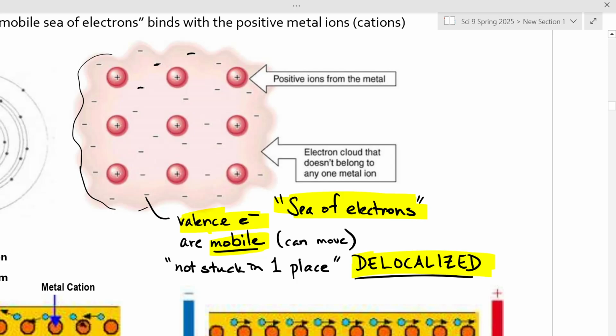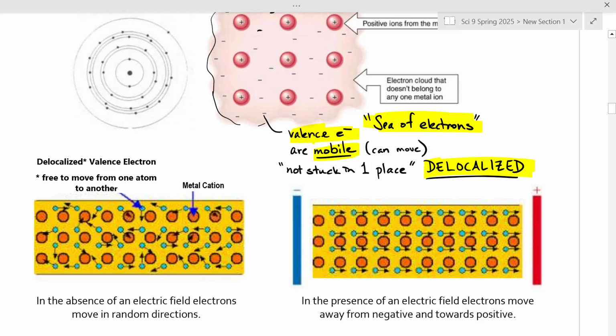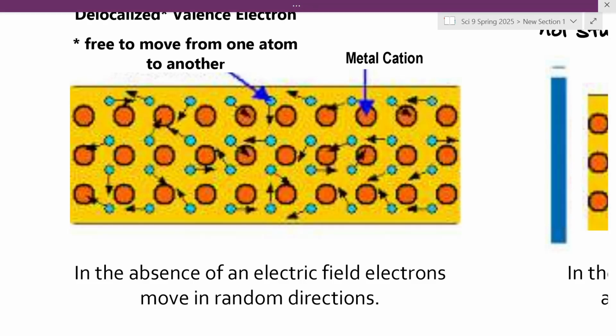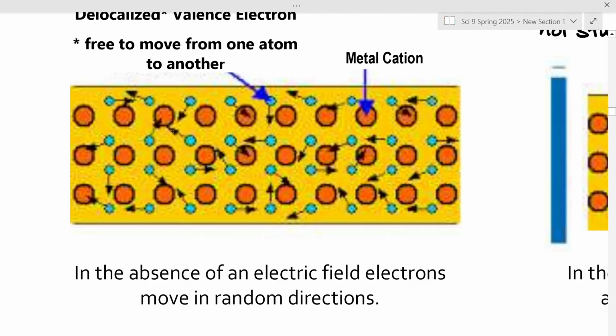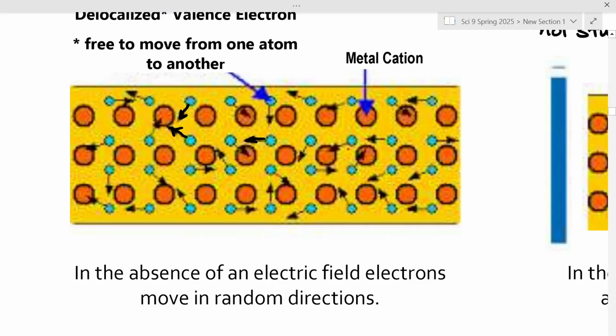And so if we have our wire, there's our wire, and the electrons are all moving in different directions. You can see this is where there's no charge on either end. You've not hooked it up to a battery. And they're moving left, they're moving to the right, they're moving down, they're moving diagonally, they're moving every which way.